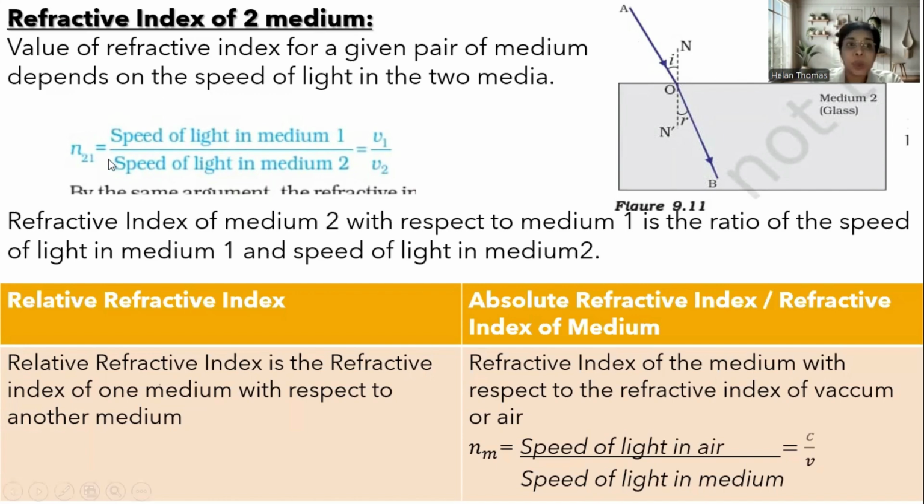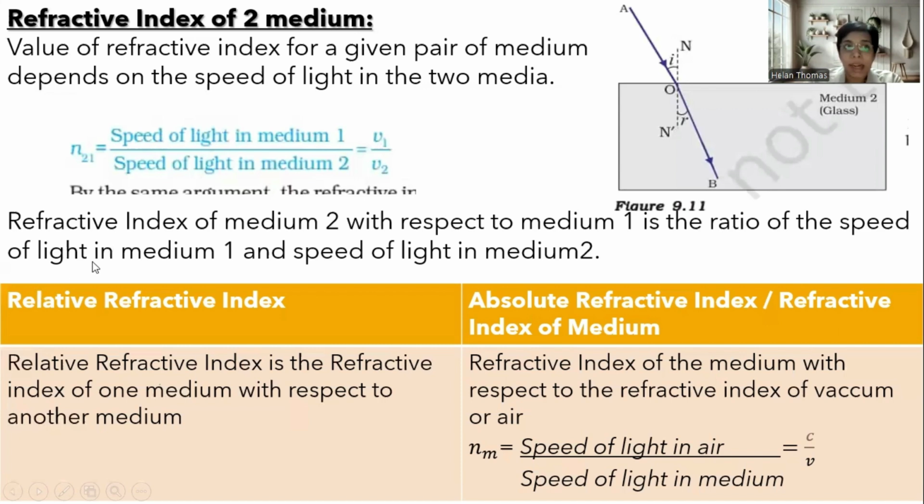If it is n21, that is the refractive index of the second medium with respect to the first one, it is the ratio of the speed of light in the first medium to the speed of light in the second medium. The speed of light in the first medium is v1, and the speed of light in the second medium is v2. So the refractive index of medium 2 with respect to medium 1 is the ratio of the speed of light in medium 1 to the speed of light in medium 2.